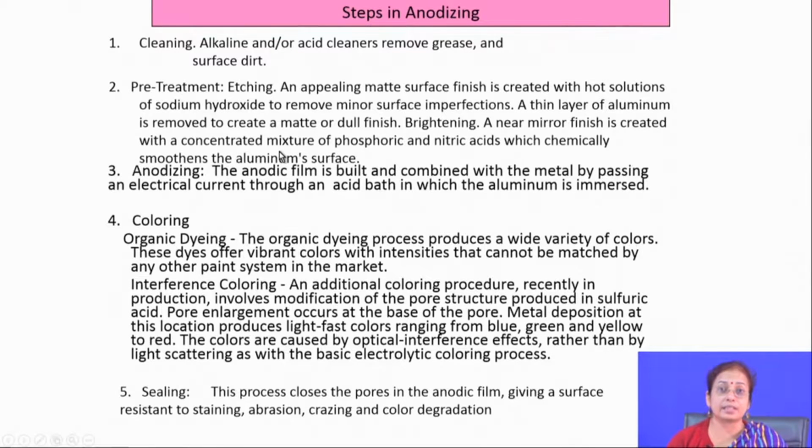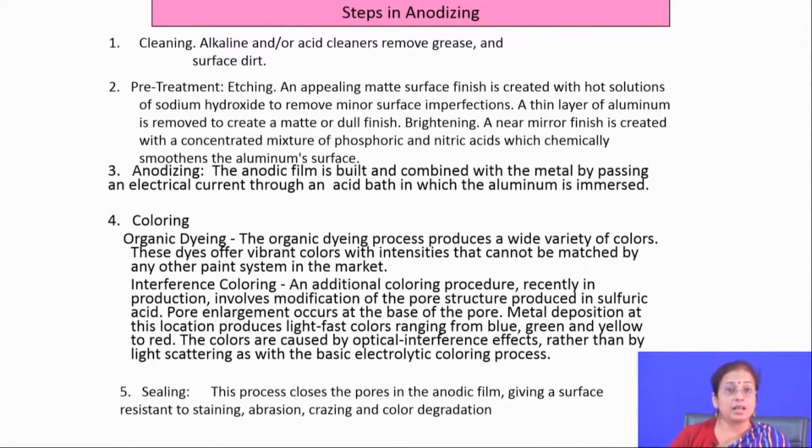Anodization is a process of building an anodic film combined with the metal by passing electrical current through an acid bath where aluminum is immersed. Coloring may be done by organic dyeing or by interference coloring.